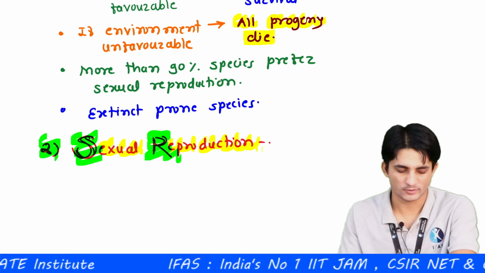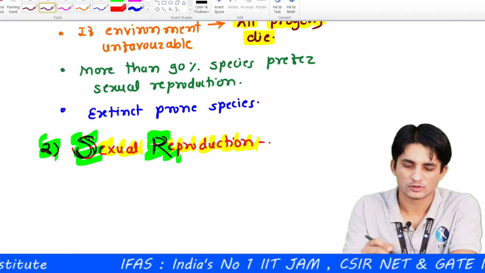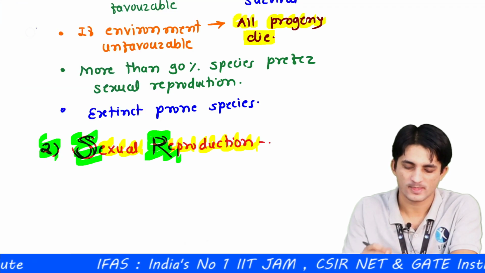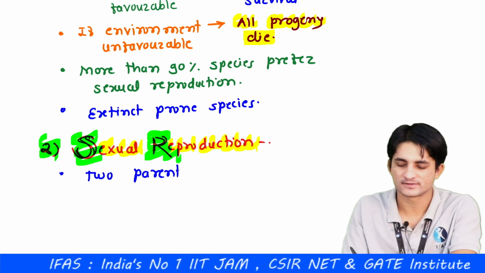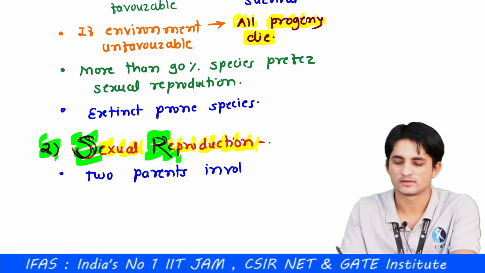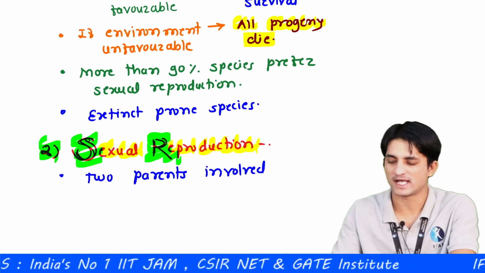So sexual reproduction: here two parents are involved, that is male and female both are involved.